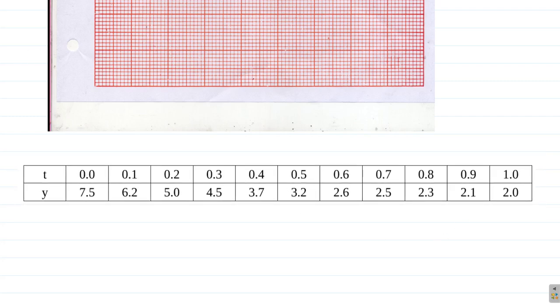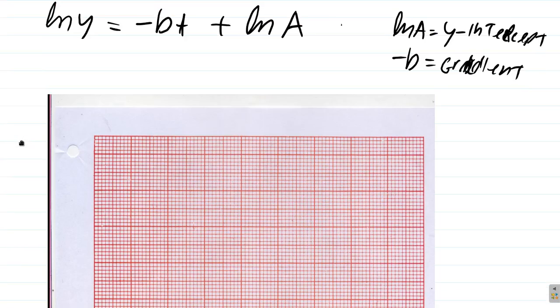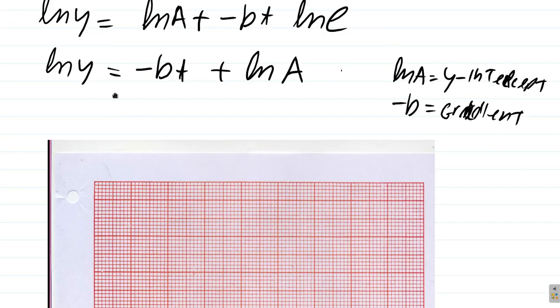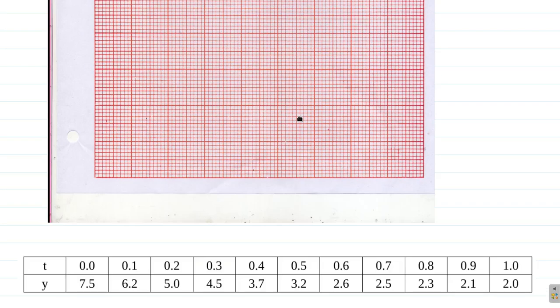So instead of plotting t against y, you're going to get a curve. It's a nonlinear graph, right? I plotted this before as it is, and it stays somewhat like this. But it's now linear. And we're plotting ln y equals negative bt plus ln a.